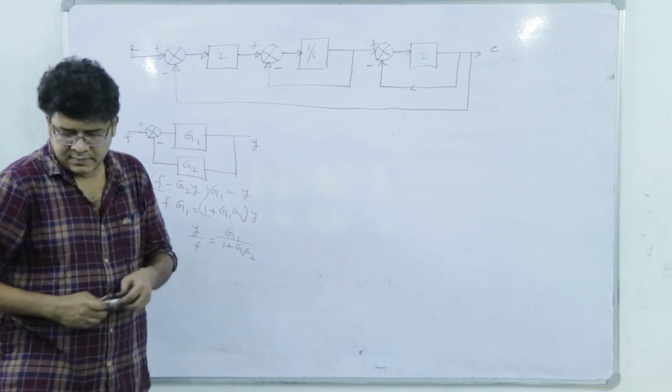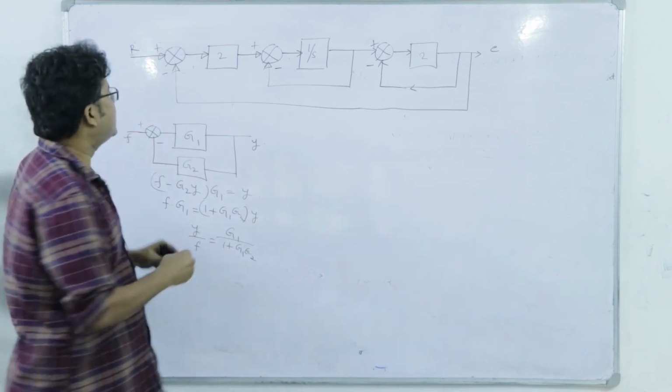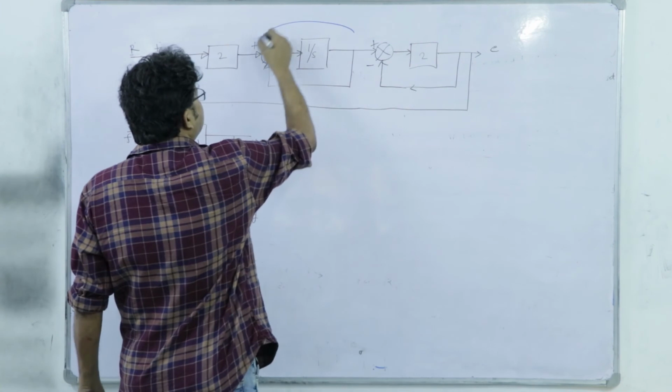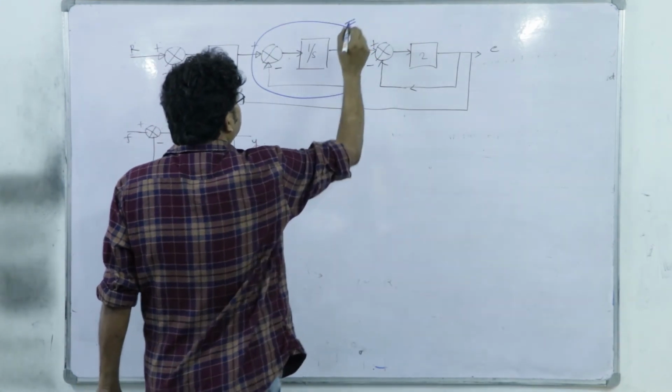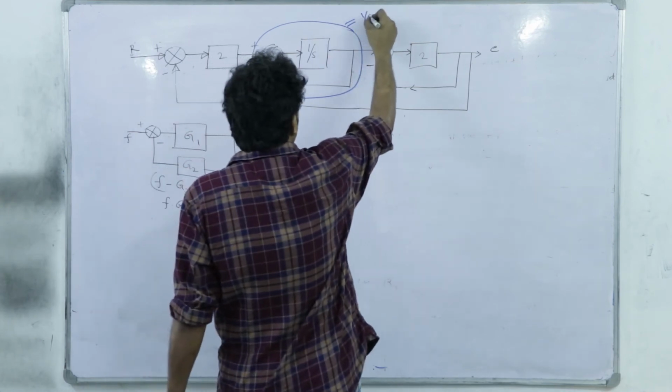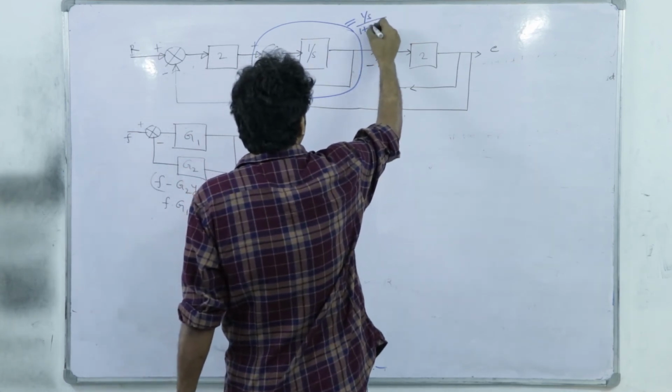So naturally we can replace this entire block as a single block, which is 1 by S divided by 1 plus 1 by S.